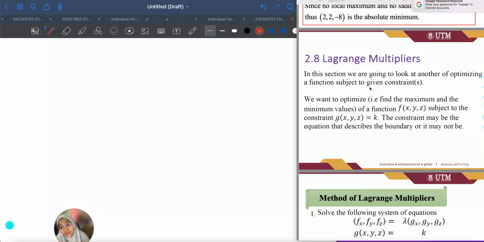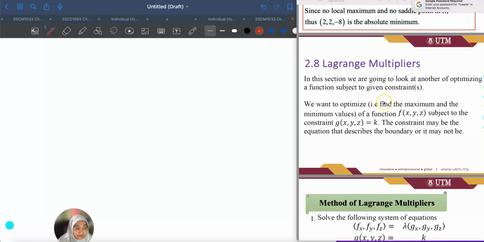Okay. So the objective is we want to optimize, which means we want to find the max and the minimum value as well, the same as the previous one. But there was no constraint. So the last two, the local and the absolute, had nothing to do with a constraint, no condition. But for this, we can add a constraint. We want to optimize a function f subject to a constraint. So in the instruction, you must be given two functions.